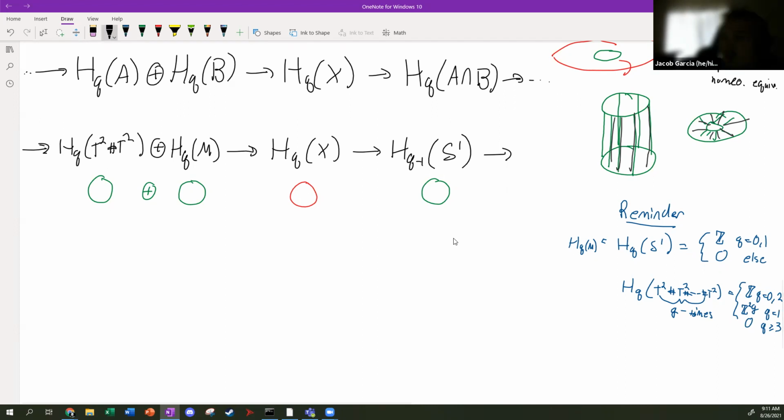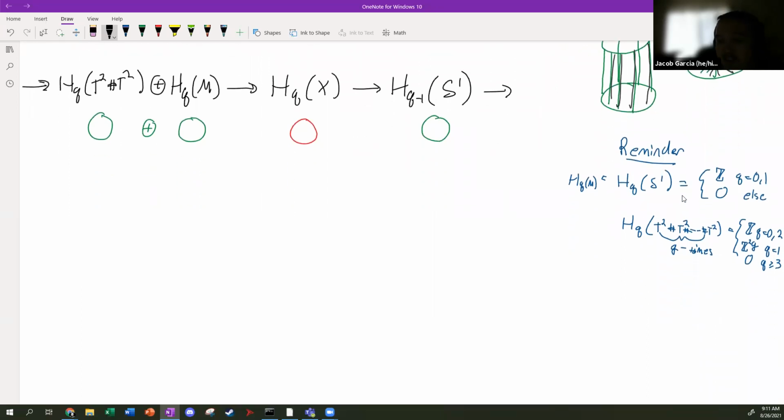You can compute this yourself, either by using Mayer-Vietoris again, or you can remember that, for example, T2 sum T2 has a representative polygon where this is A1, A1, B1, B1, A2, A2, B2, and B2.